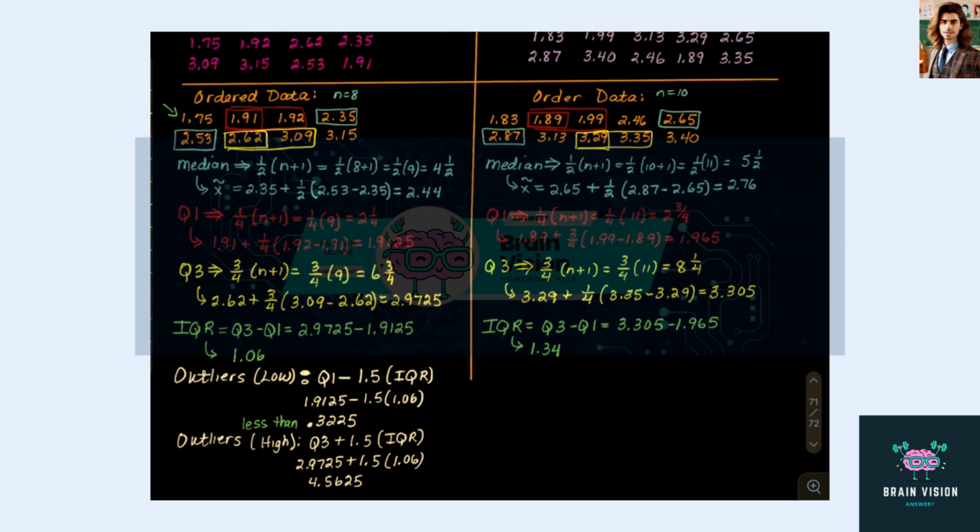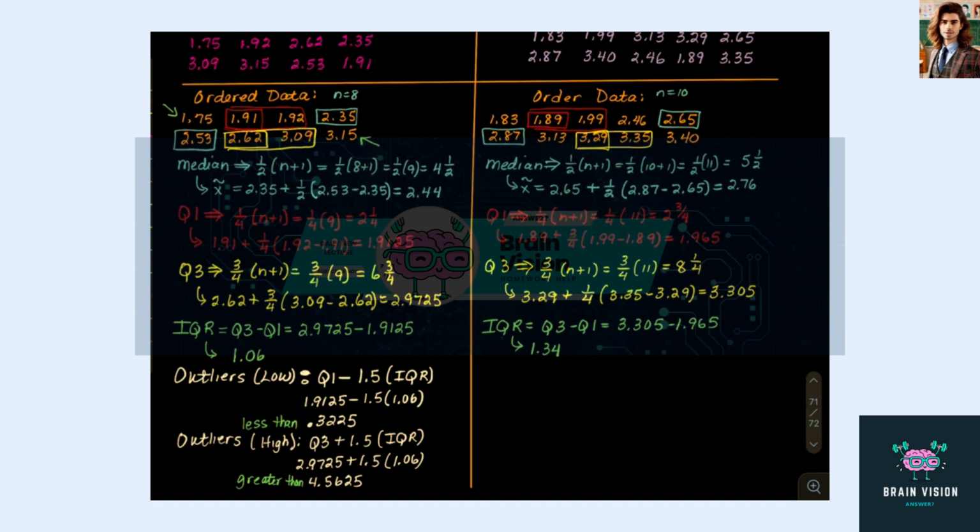So anything greater than that. And as you can see, there is nothing greater than that since our highest point is 3.15. So there are no outliers or outlying pieces of data in the original data.